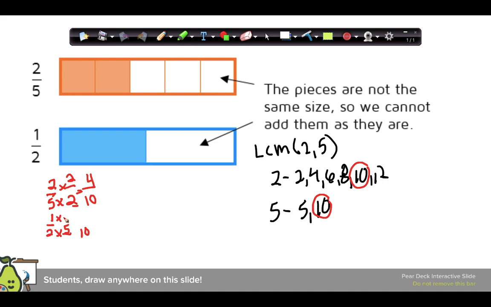So I multiply the 1 times 5. 1 times 5 is 5. So we have now 4 tenths plus 5 tenths, and that's equal to 9 tenths. So if we were to add these together, we would get 9 tenths. But we have to find a common denominator to do that. We've used the least common multiple of their denominators.